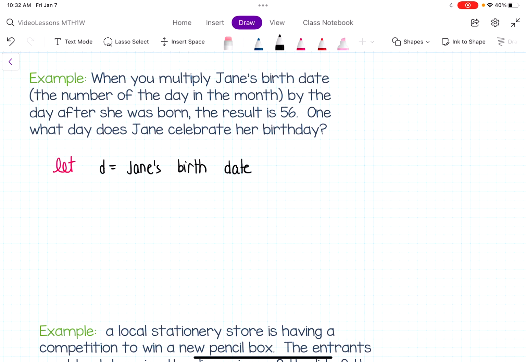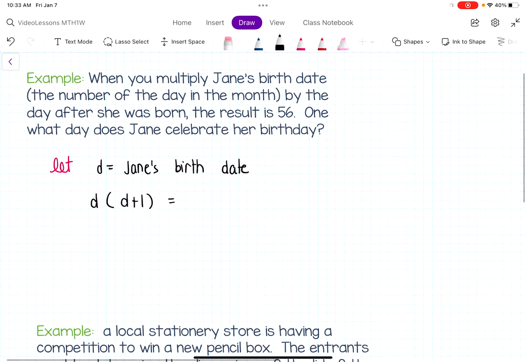And now they have told us that this date times the day after, so the day after would just be D plus 1, gives me 56. And now we need to solve.